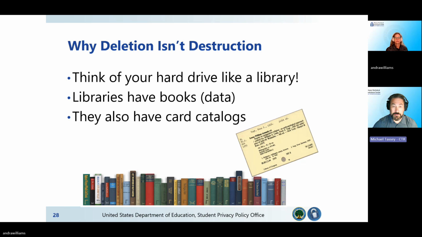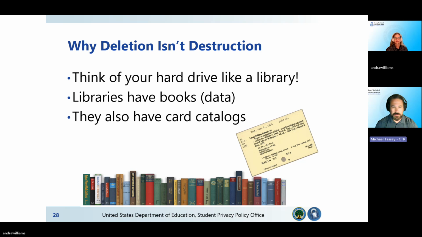Now, I know some of you probably question, well, why isn't the delete key deletion? Why isn't that data destruction? Well, I think this is an important thing to illustrate the point. I want you to think about your hard drive on your computer, your laptop, or any storage media. Think of it as a library, right? Where you have racks and racks of memory that is filled with books.